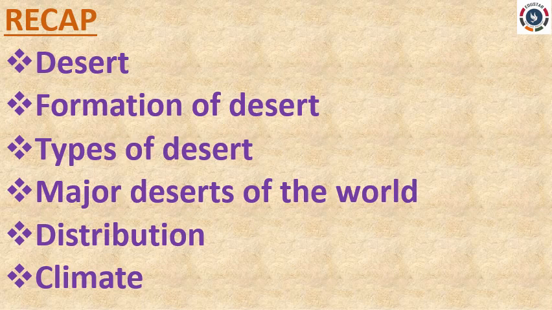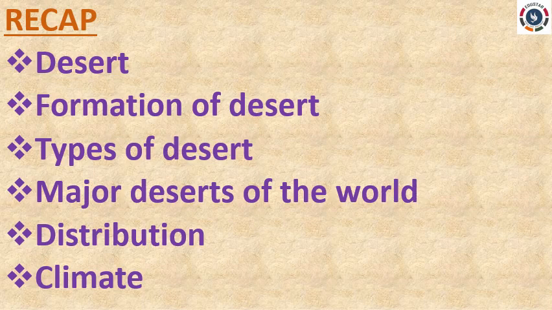So, during daytime, absence of cloud makes the days very hot, and during night the desert land becomes very cold. The climate remains extremely dry and the temperature fluctuates from extreme heat during day to freezing cold at night.